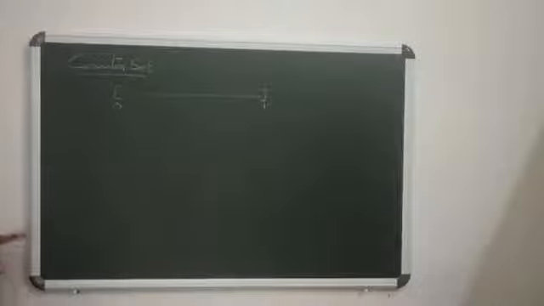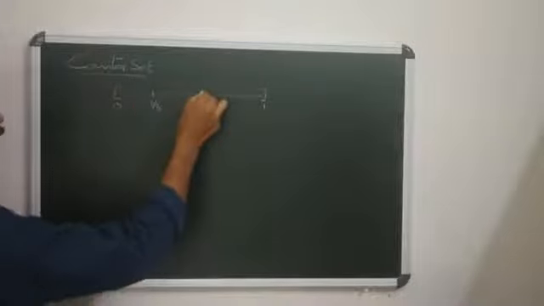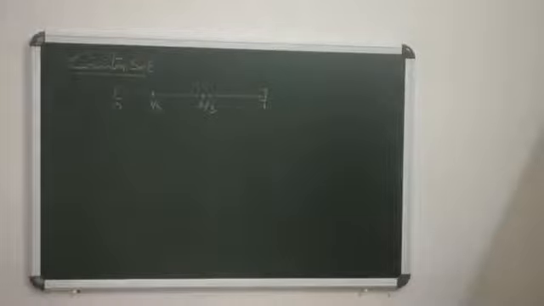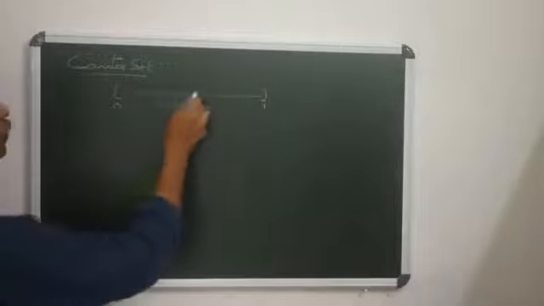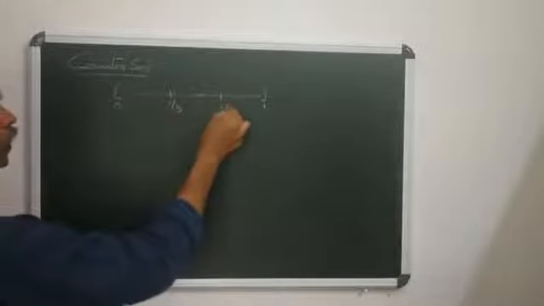You can divide this closed interval 0, 1 into three mutually disjoint intervals: closed interval 0 to 1 by 3, 2 by 3, 1.